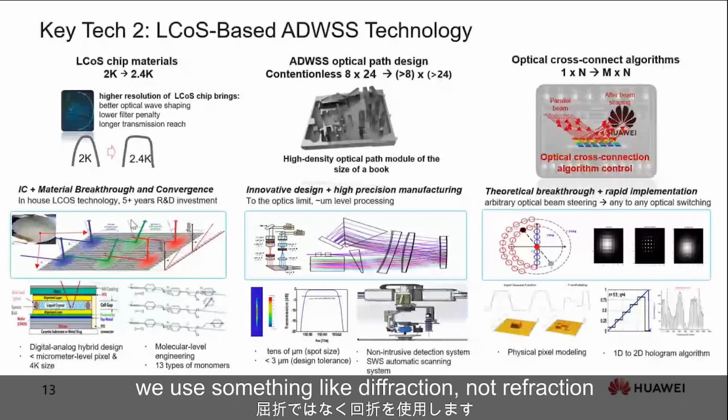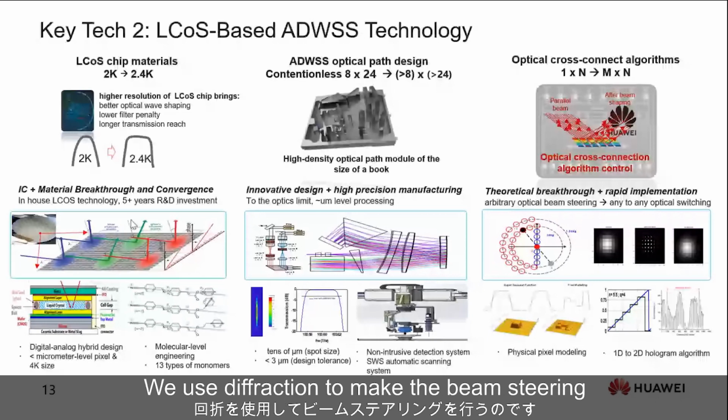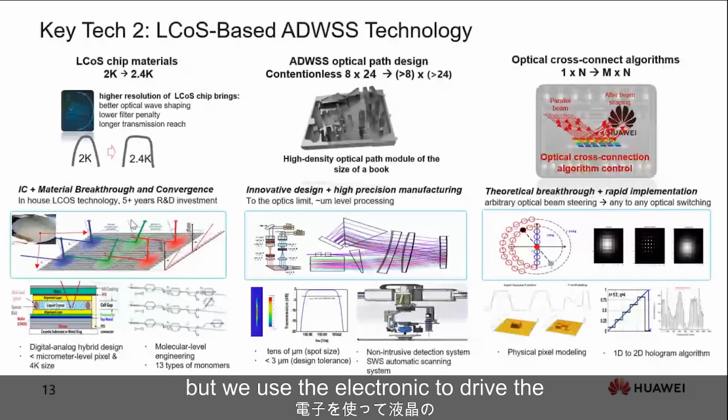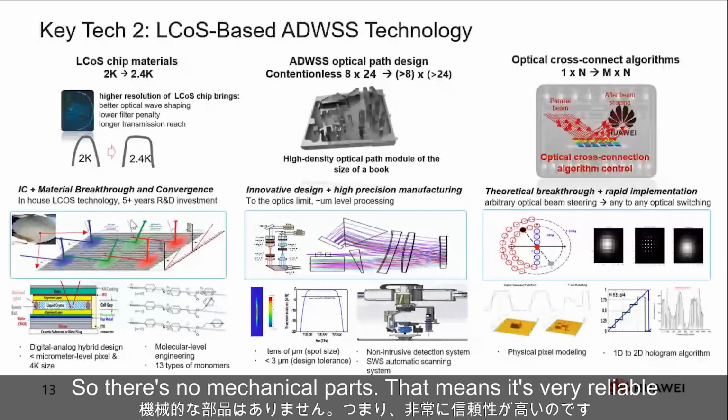But for LCOS, we use diffraction, not reflection, to make the beam steering. And this is not mechanical movement; we use electronics to drive the phase changes in the liquid crystal. So there are no mechanical parts.